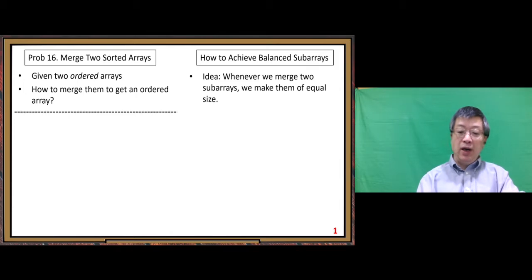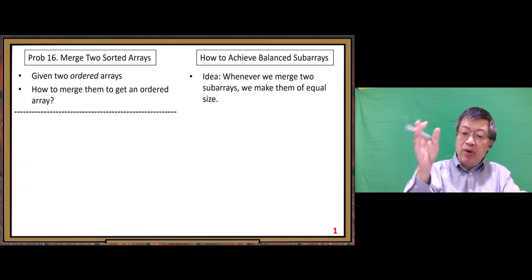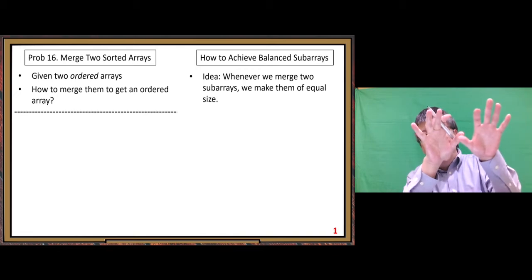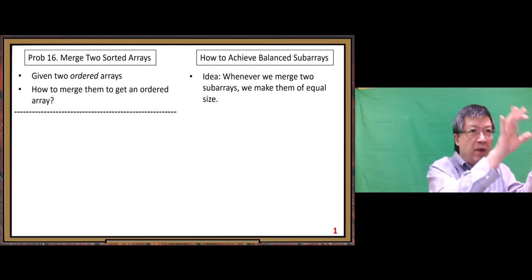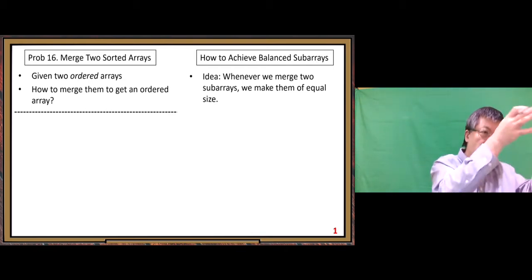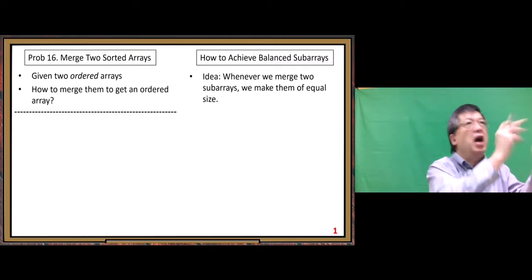All right, so the idea: whenever we merge two subarrays, make them of equal size. We try to arrange the data into subarrays so that we just merge two subarrays of equal size.